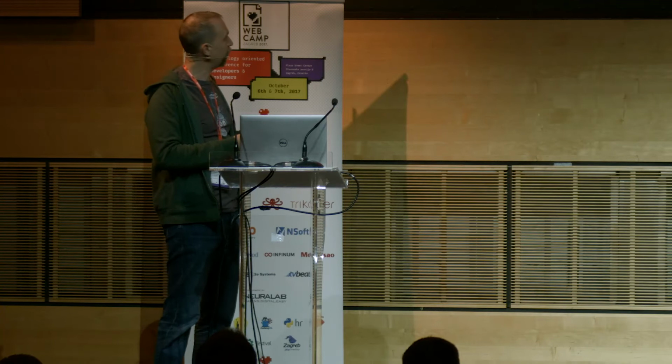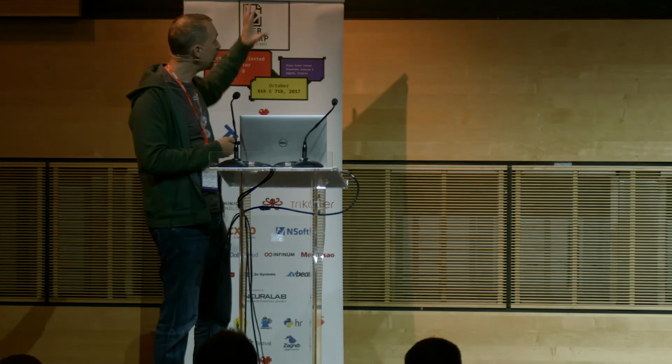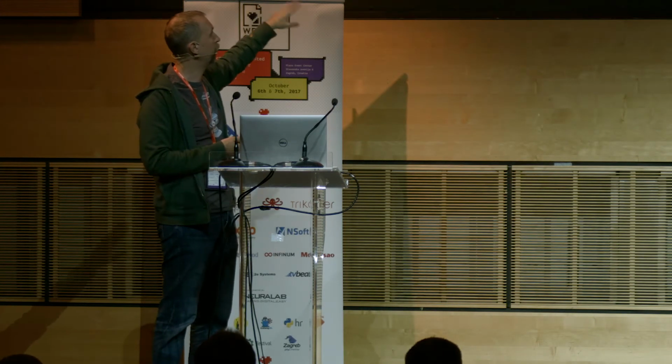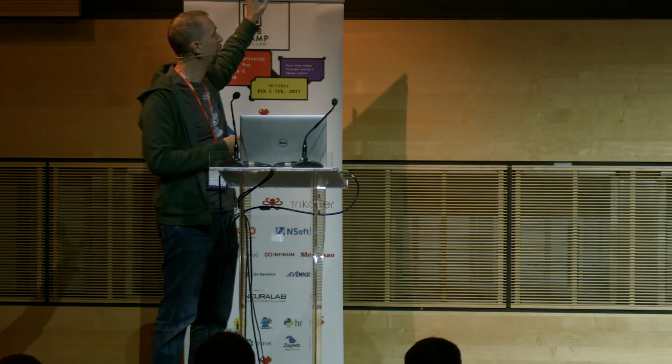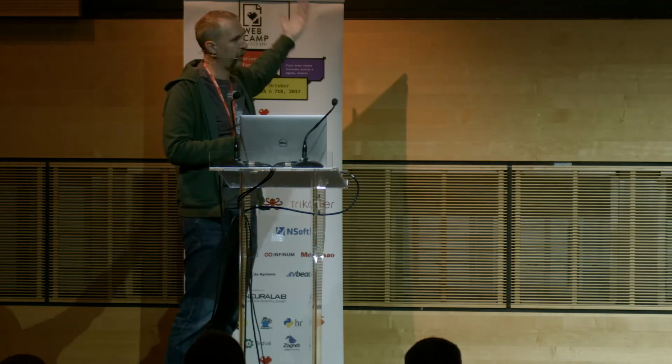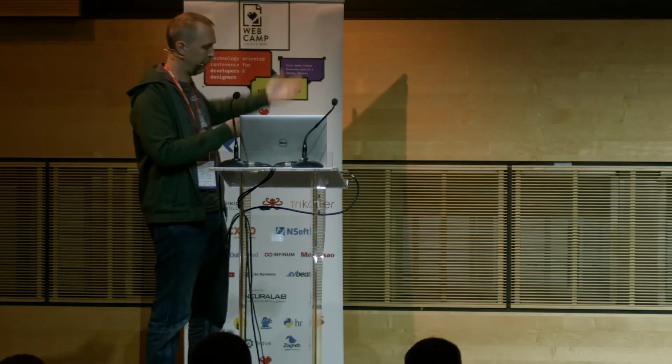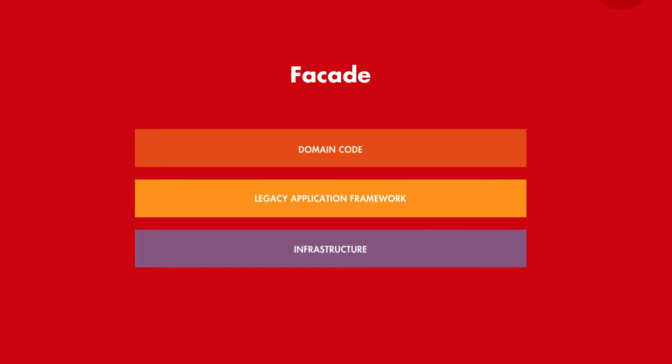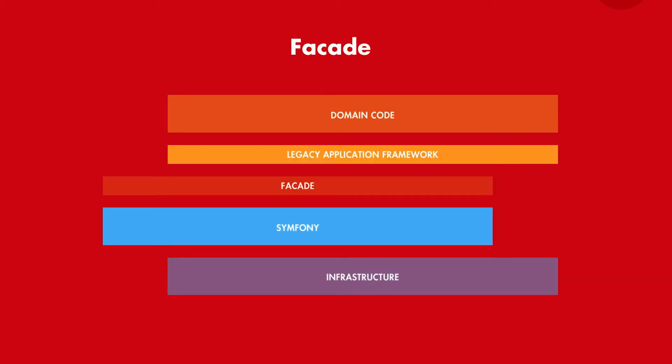So the idea was to do this. This is the original situation. We have domain code, which uses legacy application framework code, and then via it uses infrastructure. This is simplified, but basically that's it. And what we did is we kind of cut down the bottom half of our framework and replaced it with a facade, with a really decorated Symfony.